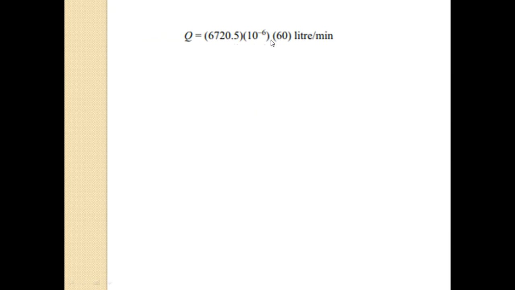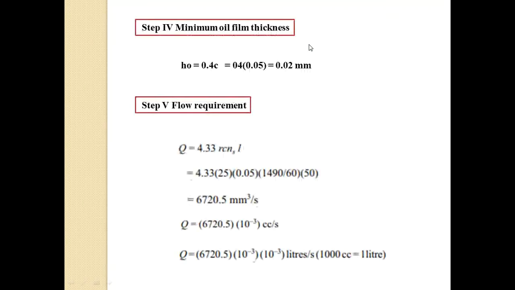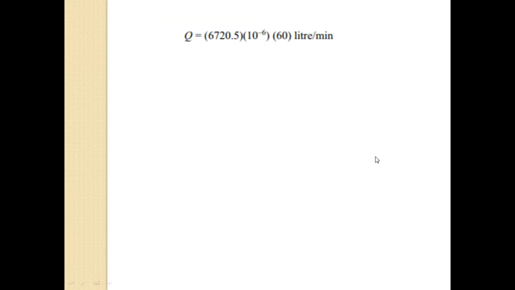So Q is equal to 6720.5 into 10 to minus 6 into 60 liter per minute. This is liter per second, converted into minute, that means multiplied by 60. So we got here 0.403 liter per minute, that is the total flow of lubricant or discharge. This is nothing but our fifth finding, they asked in liter per minute. First we found this value in mm cube per second.